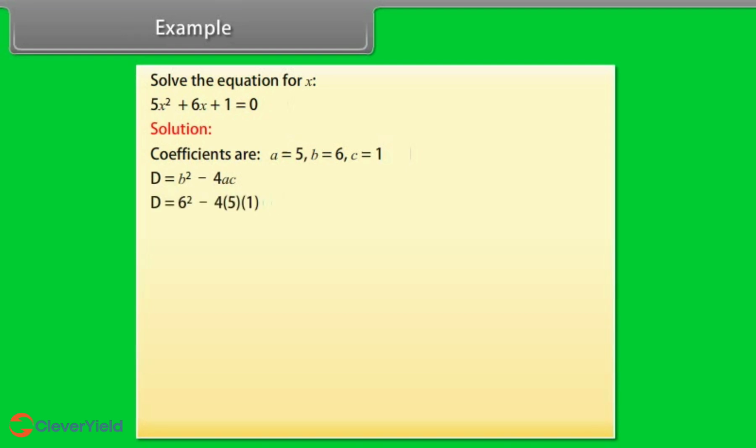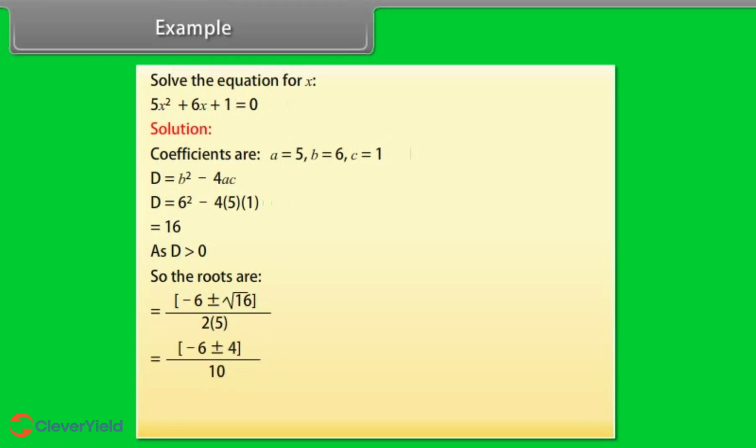D is equal to 6 square minus 4 into 5 into 1 is equal to 16, as d greater than 0. So the roots are x is equal to minus 6 plus minus under root 16 by 2 into 5 is equal to minus 6 plus minus 4 by 10. On solving, we get x is equal to minus 1, minus 0.2.